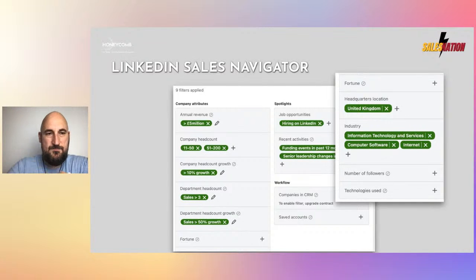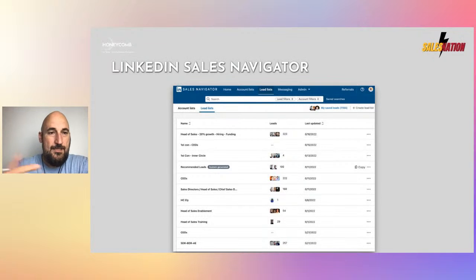These are screenshots from searches that we have done, but it can look completely different from your point of view and for your business. And then we get potential leads that we can classify and categorize and put into lead lists, so we can then engage with them and put them into our prospecting strategy.